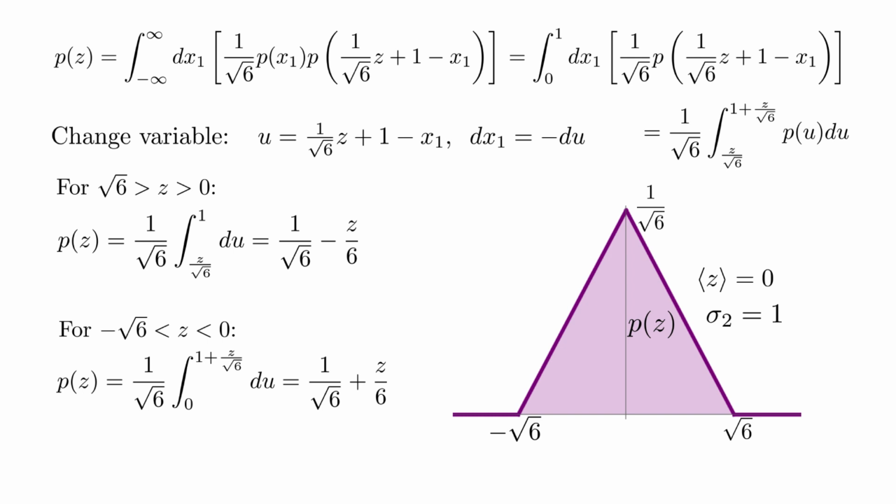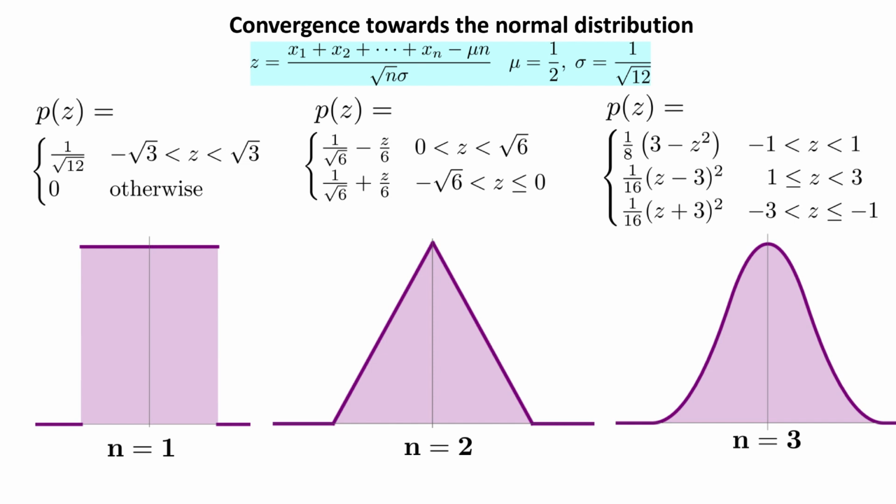What about n equal to 3? It's a little more complicated, and it took me quite a while to figure out what p of z is. It's only a little more complicated, but let's review what we've done so far. So this is a new variable, zn, to be called z in this case, and this case.